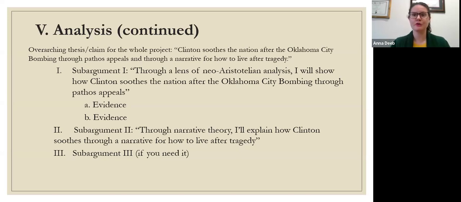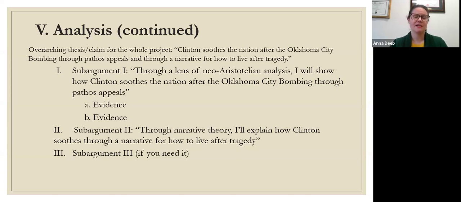And so Clinton took to the airwaves and to television to attempt to soothe the nation after the bombing. And I can argue that he did so through pathos, emotional appeals, and through providing a narrative for how to live after tragedy.